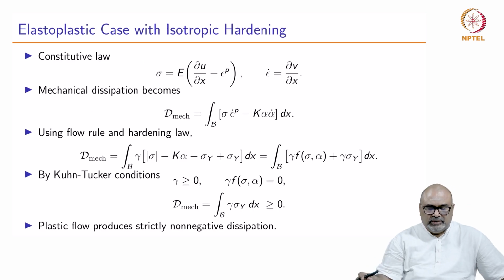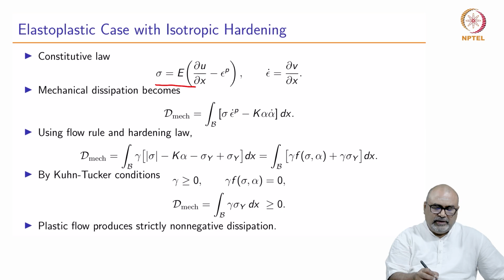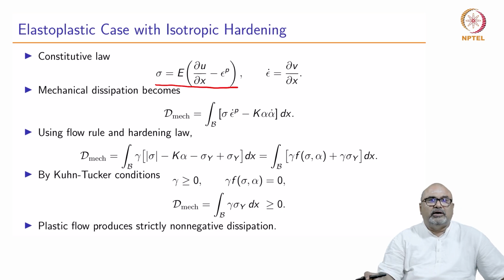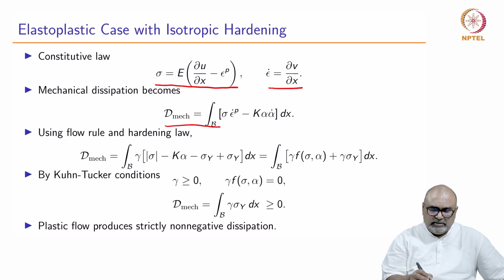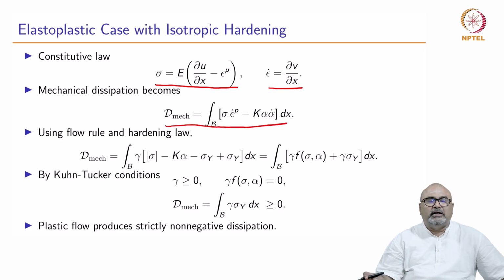Now, for the elastic plastic case with isotropic hardening, sigma is defined as E times (∂u/∂x minus epsilon p), and epsilon dot is ∂v/∂x. So, the mechanical dissipation in this case becomes the integral over the domain of sigma times epsilon dot p minus k alpha times alpha dot, dx.